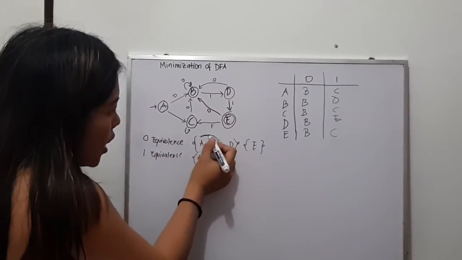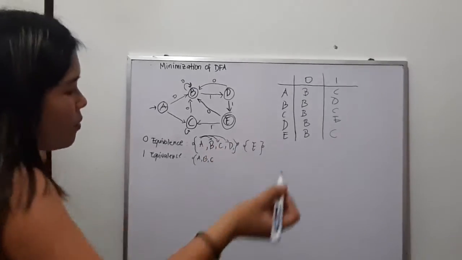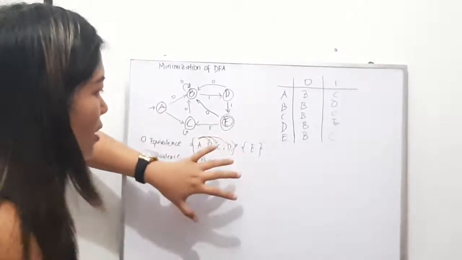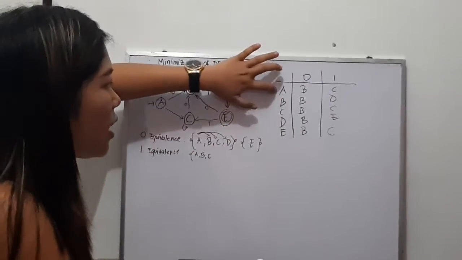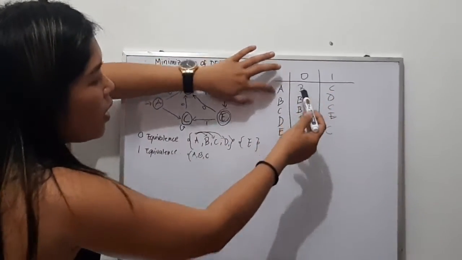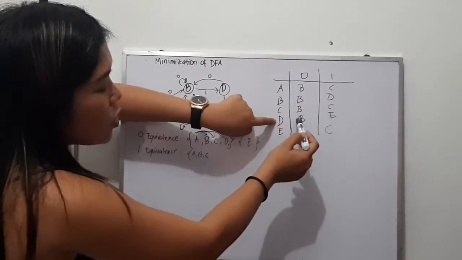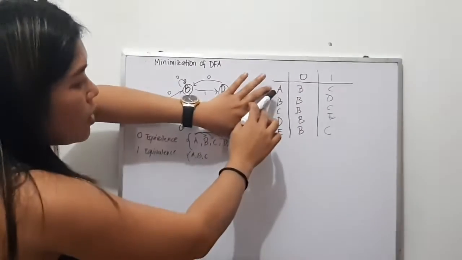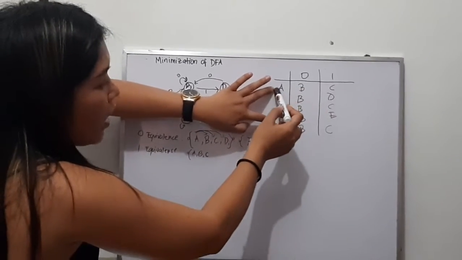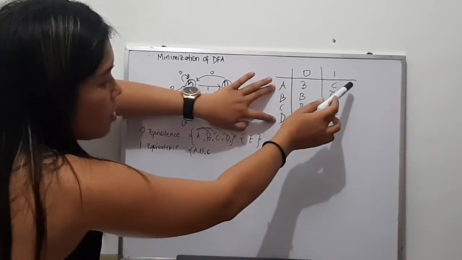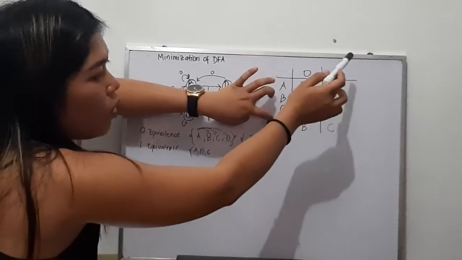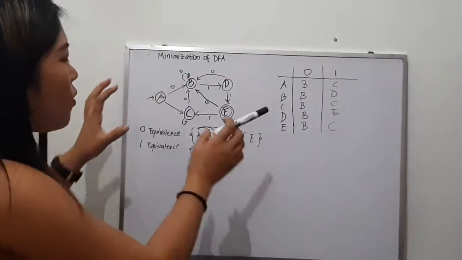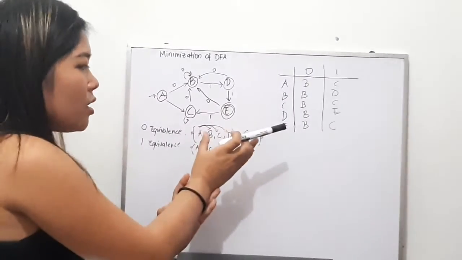So let's check D. Let's see if D falls into the same set also. A given input 0 goes to B, and D given input 0 goes to D. And they are the same state. But we have to check for 1. A given input 1 goes to C, and D given input 1 goes to E. So let's check if C and E fall into the same set.